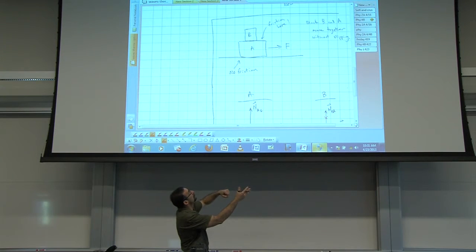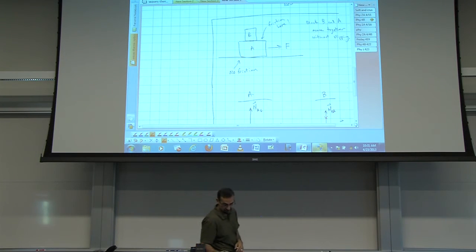If we stop pulling on A, what happens to the friction force between A and B? It goes to zero, because then there's no horizontal force on A, and there would be no horizontal force needed on B.